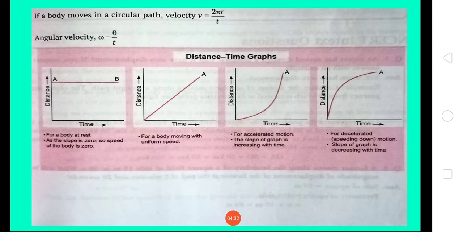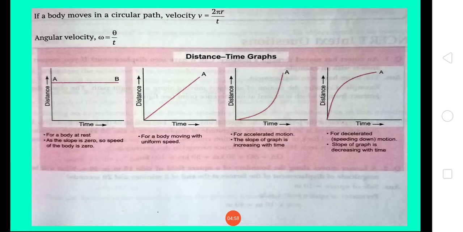Now see these graphs, we will try to find the type of motion of these objects. If you see the first graph, it is a distance time graph, and as the time progresses there is no change in distance. So this gives an example for an object which is at rest or stationary.